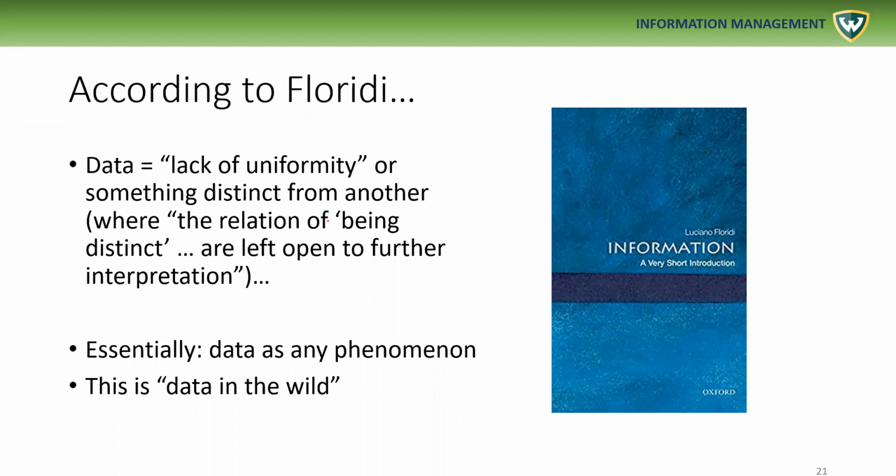So data, once again, is just really any kind of appearance, any kind of lack of uniformity, any difference that we see in the world. Essentially, data as any phenomenon that can be interpreted and said to be its own thing, its own event, its own process. This may be what Floridi calls data in the wild. Once again, this is the general view of data, as I call it.